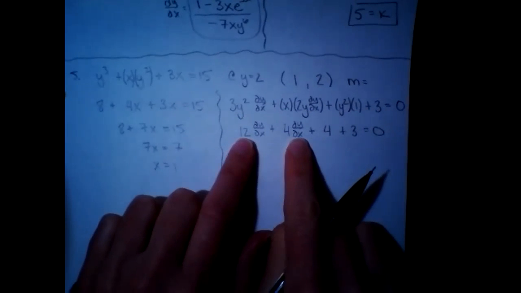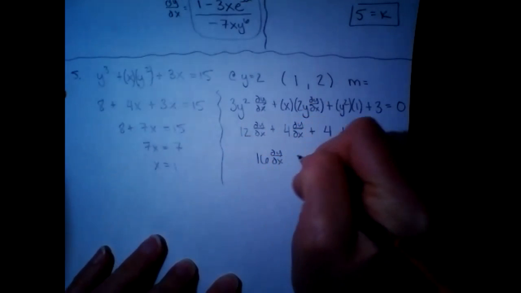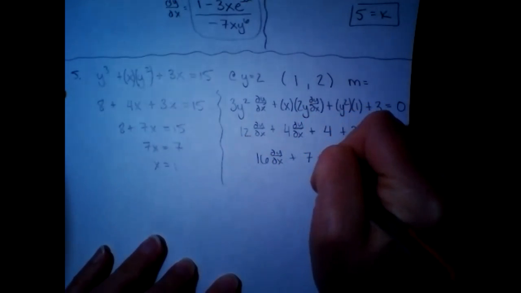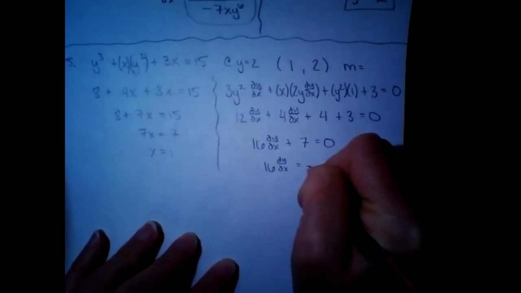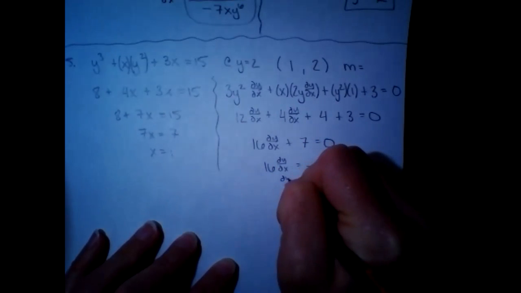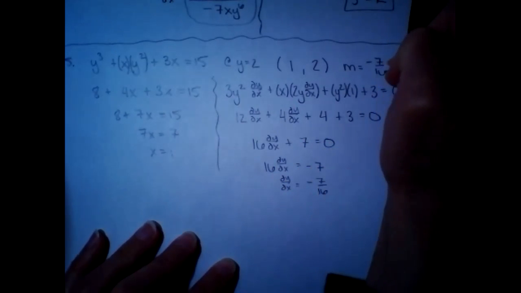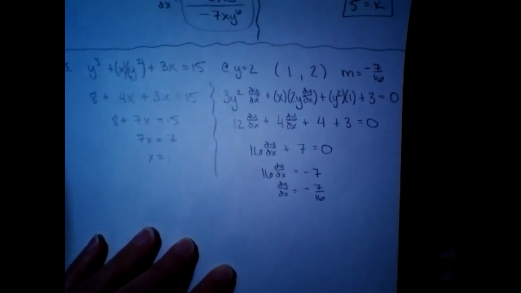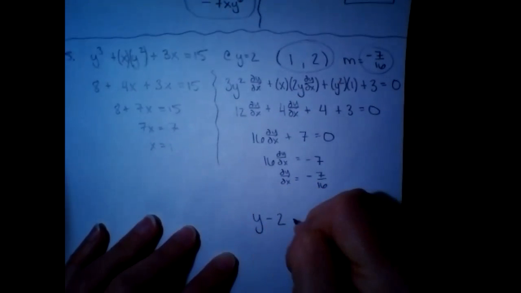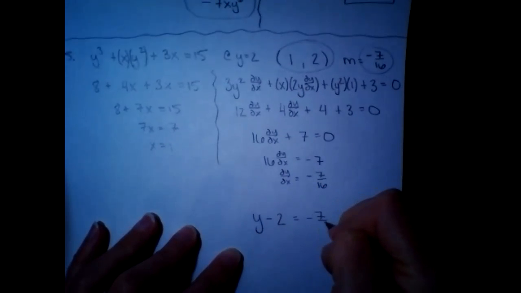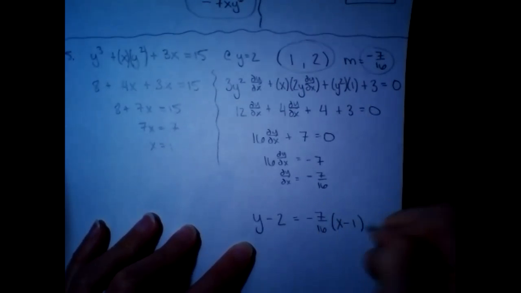So combining like terms, this will be 16 dy/dx plus 7 equals 0. And so we're going to subtract the 7 and then divide by 16. And so that is our slope. So this is our point, this is our slope, and we're just going to put it together into the equation. So y minus 2 equals -7/16 times (x minus 1).